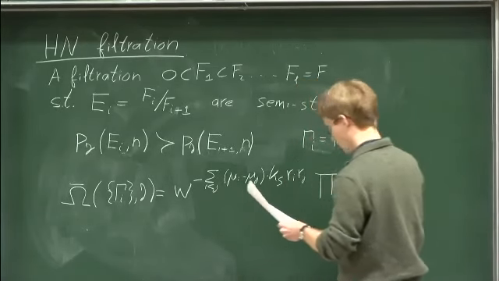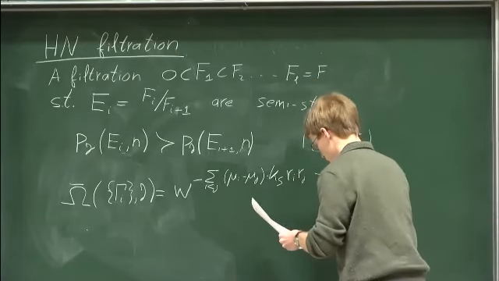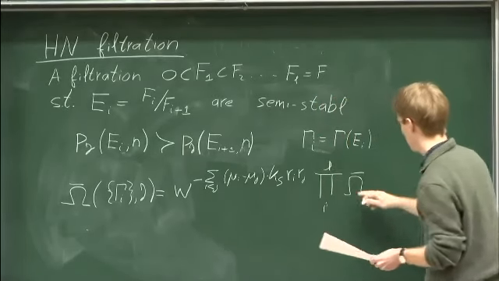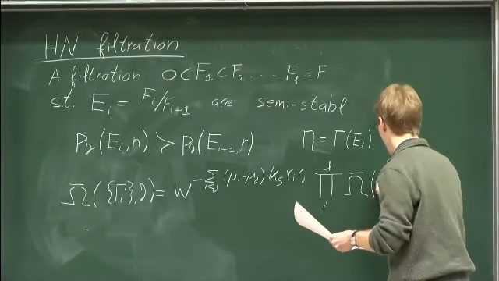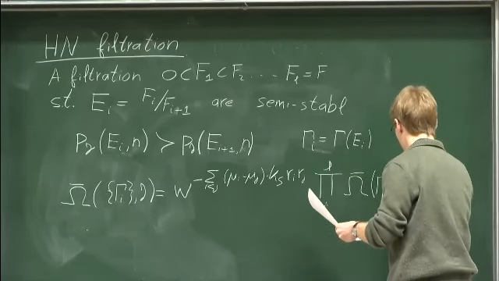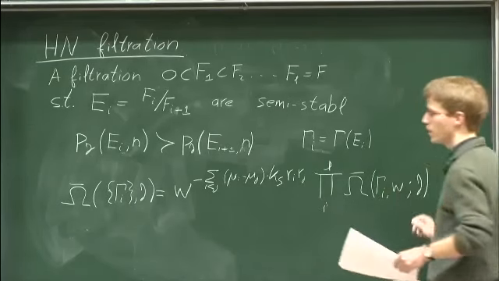And then there is a product over i up to L of these rational invariants omega bar of gamma i, W, of j.